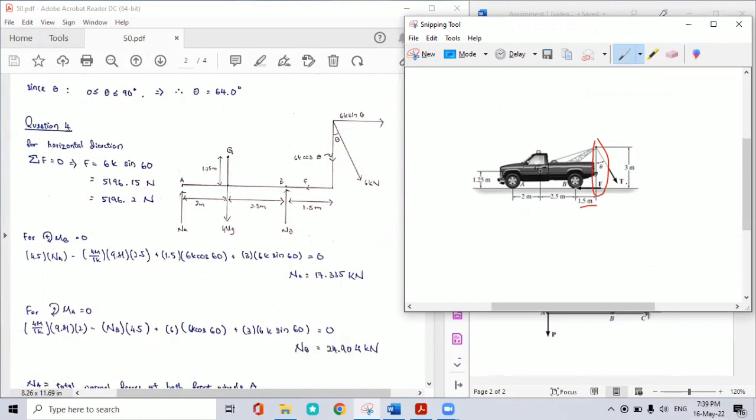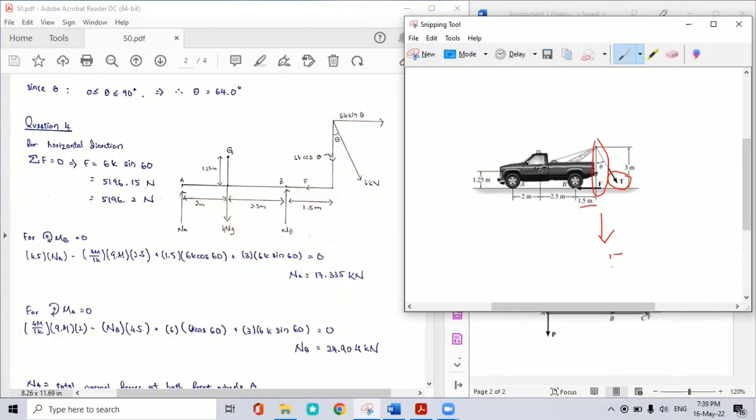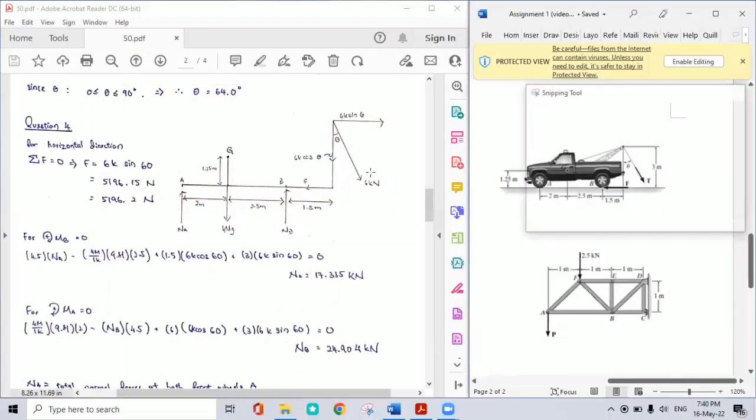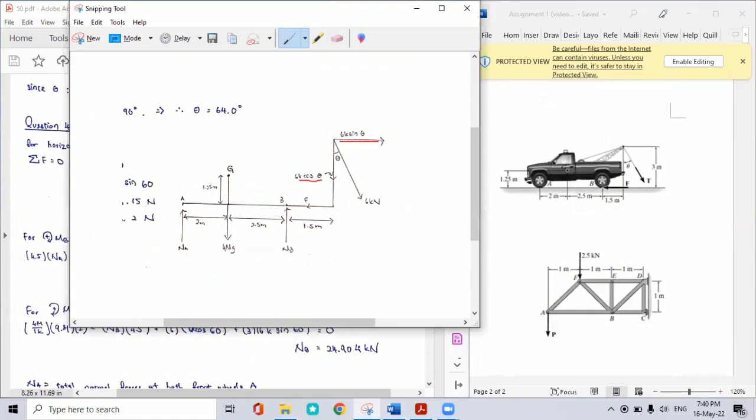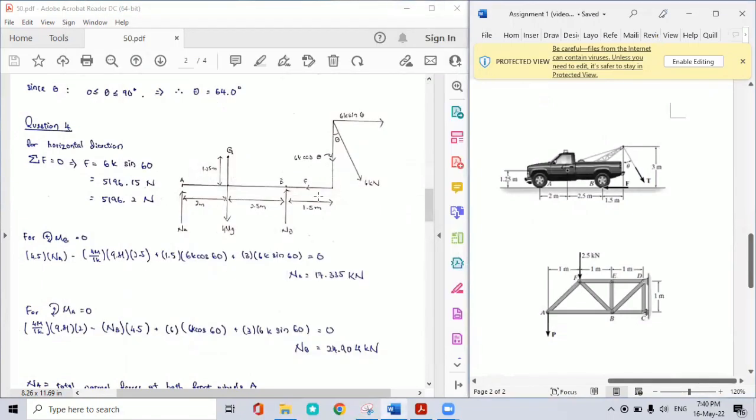Okay, and then we will have a tension right here. If we resolve this tension into two directions, we will have Fy, the vertical, and Fx, the horizontal force. So it will become something like 6k cos theta and 6k sin theta.